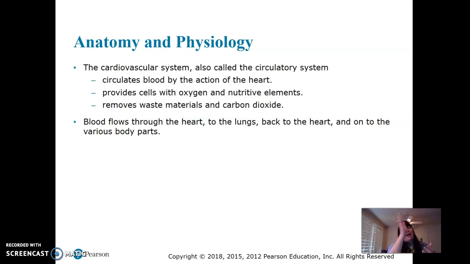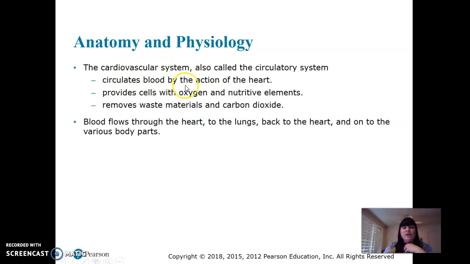Then the blood comes back to the heart via the veins, okay? And it's a closed loop. If you can imagine a circle and the heart is the pump that's moving it around, coming back, moving around, coming back. There's blood flow between the heart and the lungs, which we call pulmonary circulation, and blood flow between the heart and the rest of the body, which we call systemic circulation.